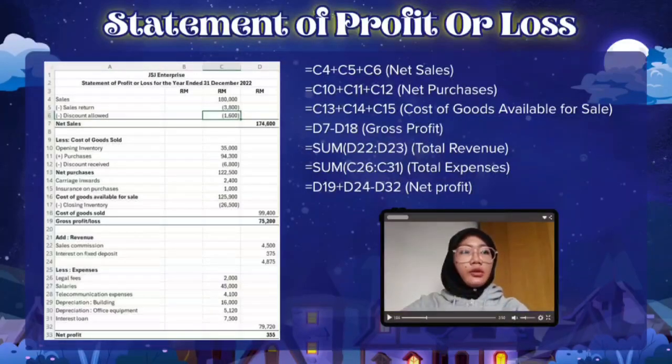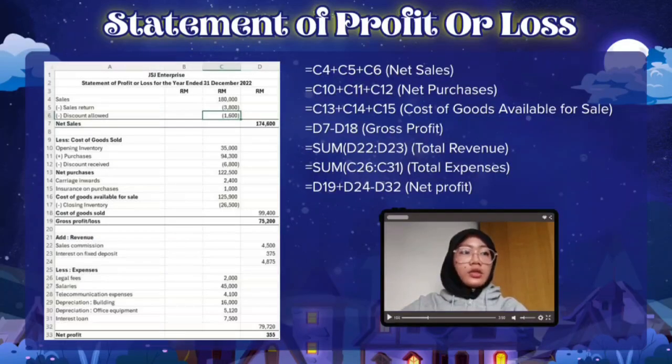The opening inventory was 35,000. Purchases during the year amounted to 94,300 ringgit, and after deducting discount received of 6,800, net purchases were 122,500 ringgit.